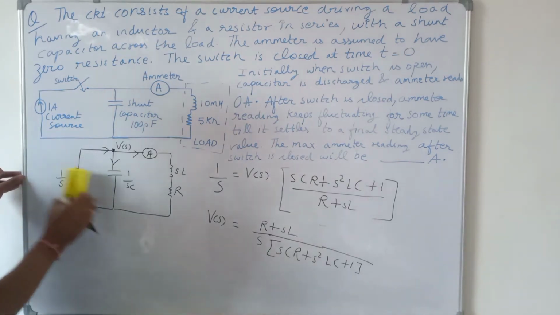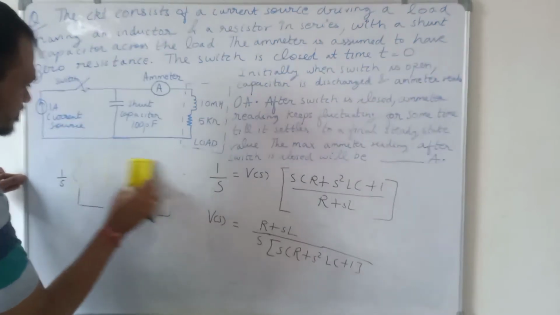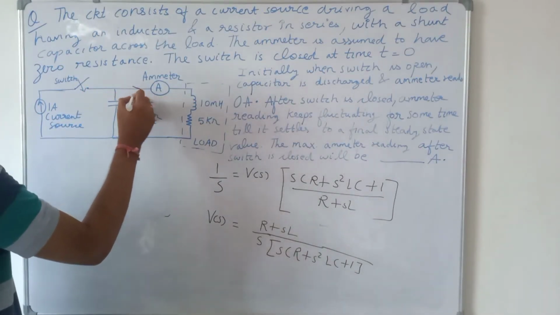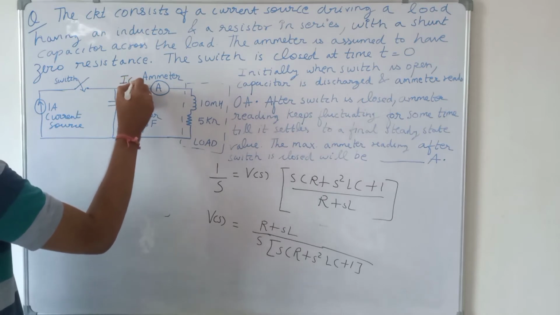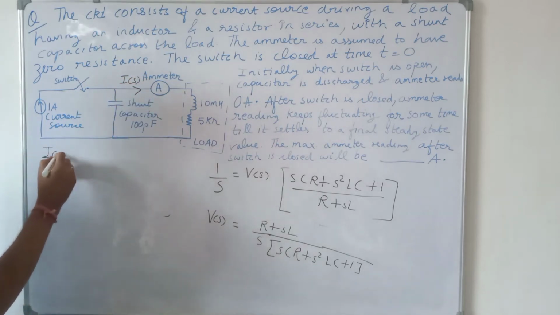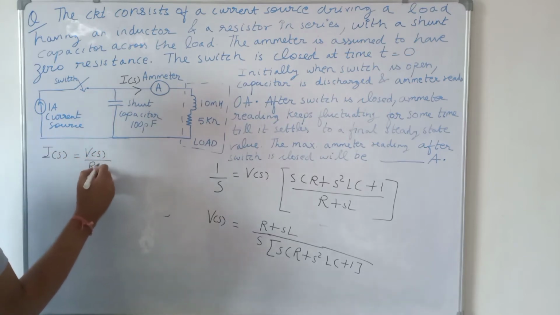Now if we have to find the value of the current through the ammeter, then I of S will be equal to V of S upon R plus SL.